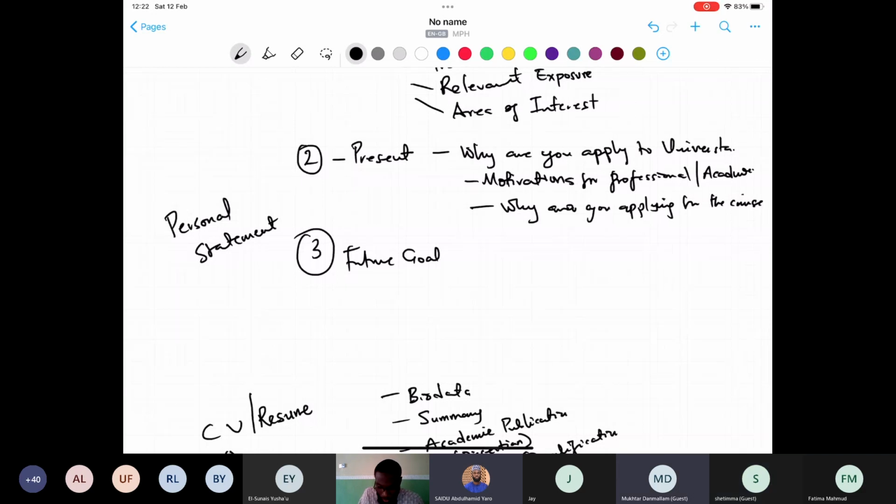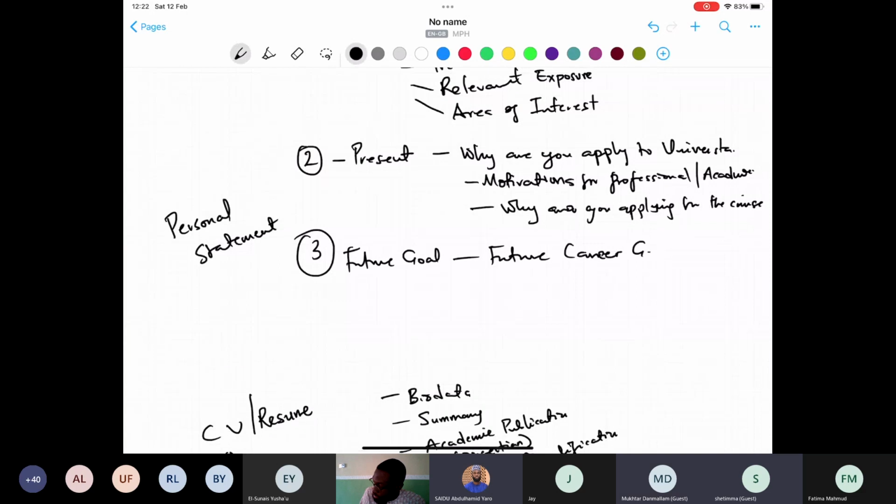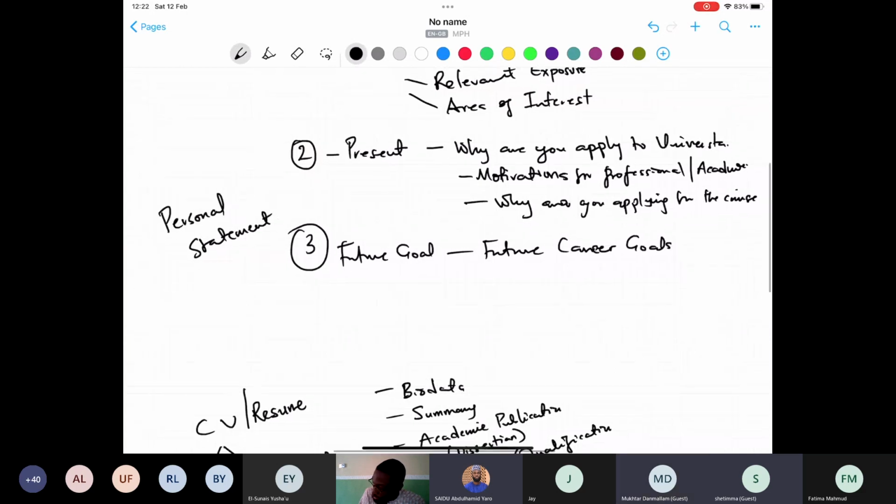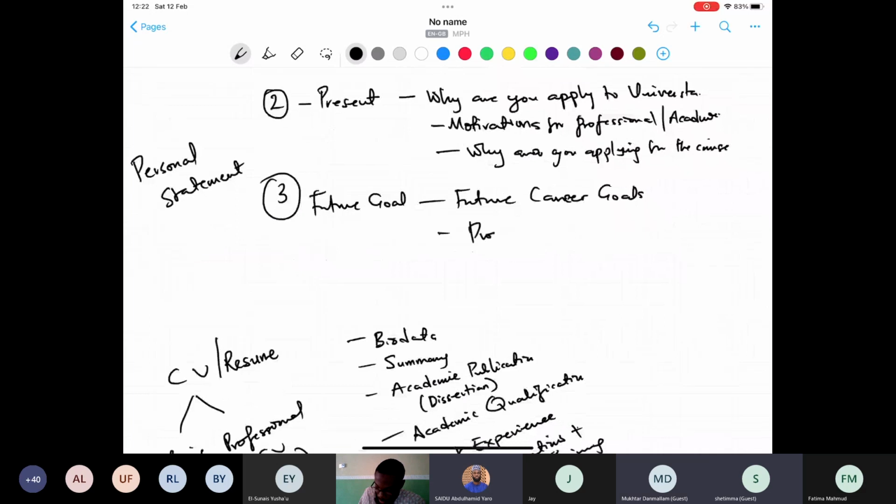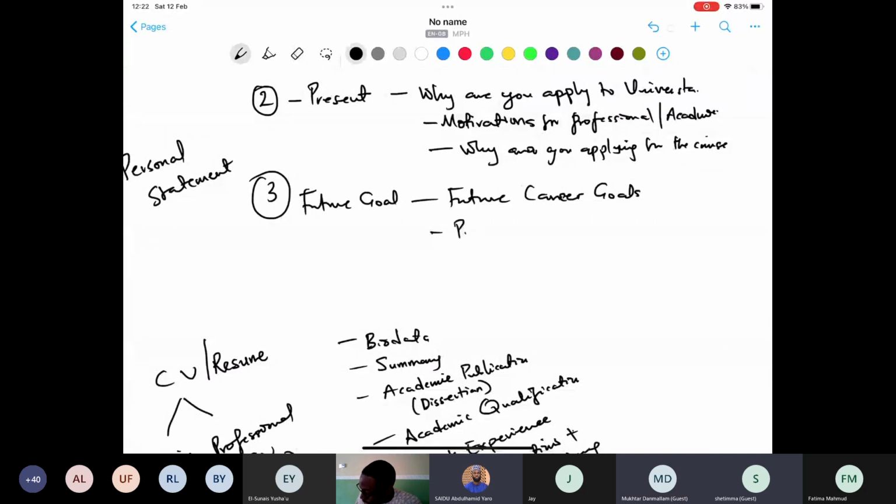And for future goals, again, you talk about your future career goals. And then you talk about probably your proposed, sorry, my handwriting, maybe multitasking, and my handwriting is losing touch. Talk about the proposed research area.